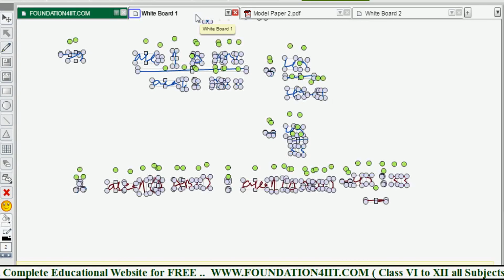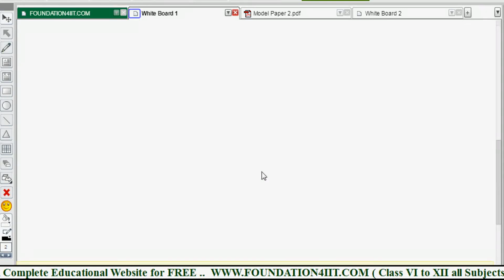Let me take the diagram. So there is a circle, and I is the incenter, right? Let me draw the circle first.